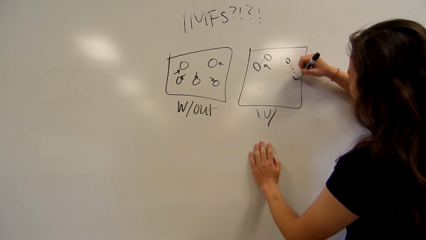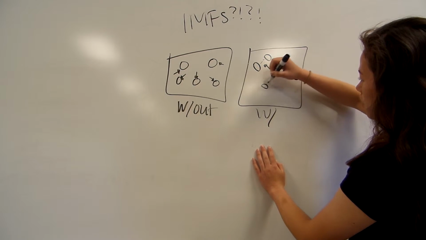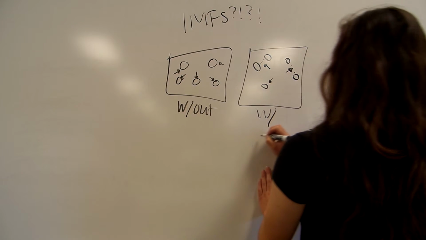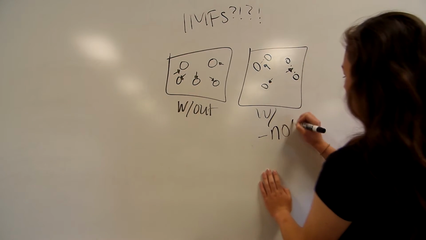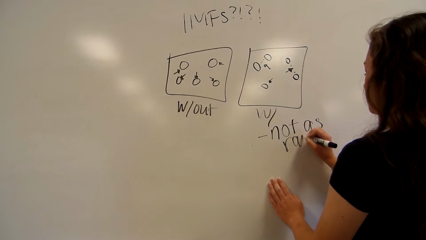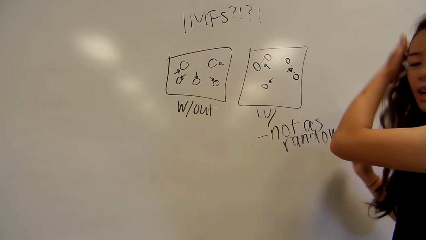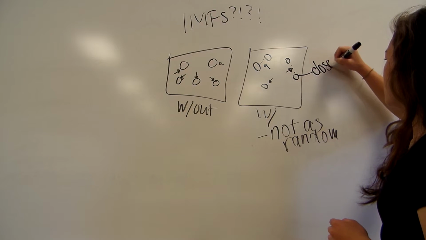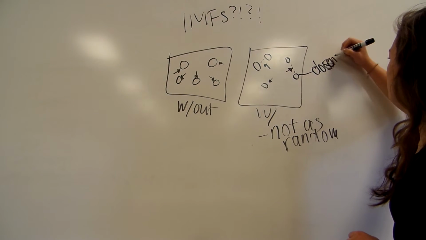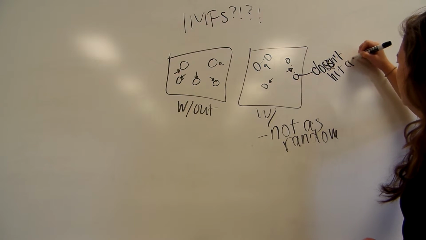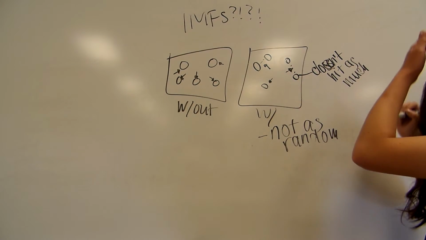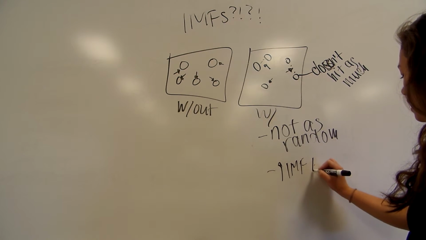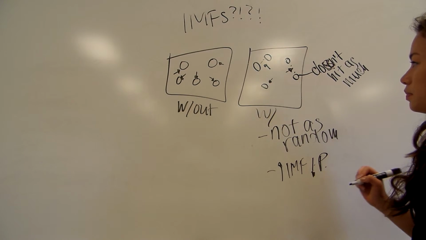And they go off in whatever their IMFs are. So because they have this connection, it is not as random, and it doesn't hit the containers as much. And because it's an increase in IMF strength, it is a decrease in pressure.